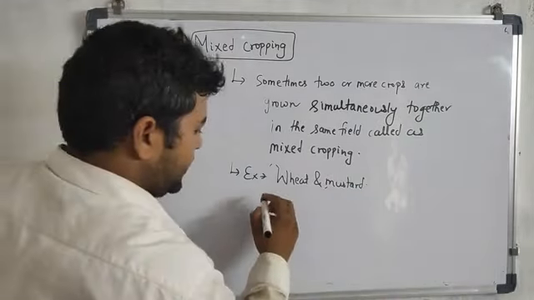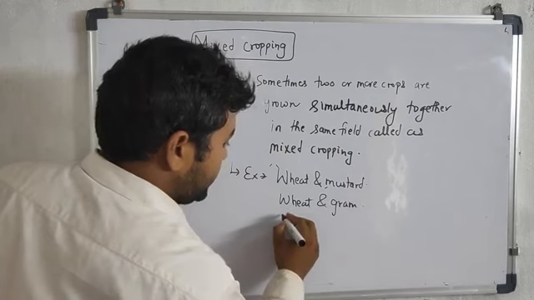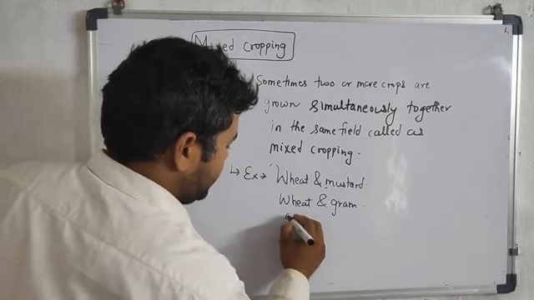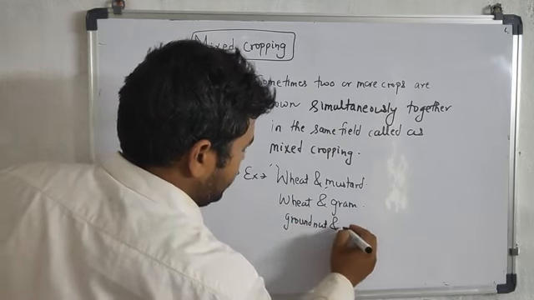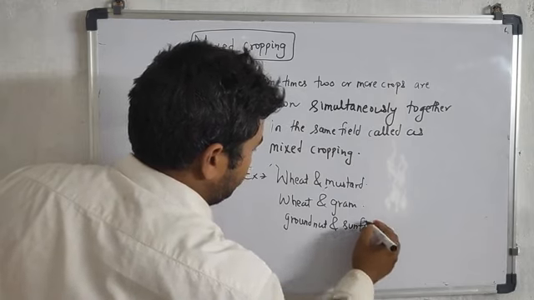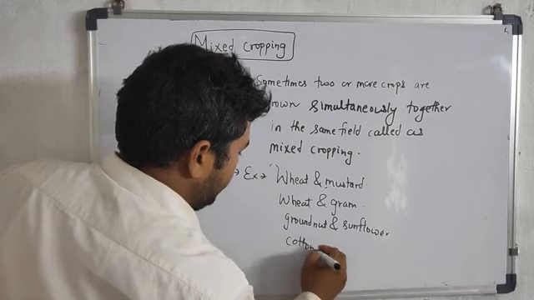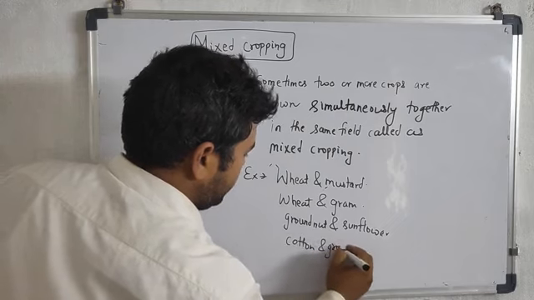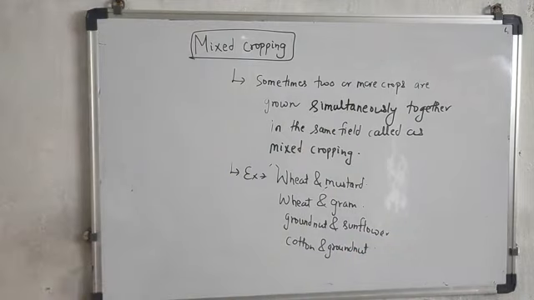Then sometimes wheat and gram, chana. Sometimes there will be groundnut and sunflower. Sometimes there will be cotton and groundnut, which can also be sown.